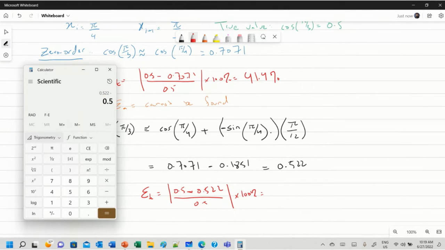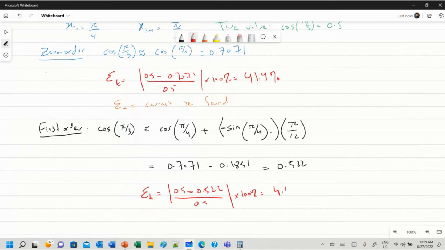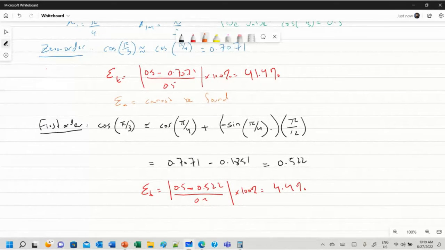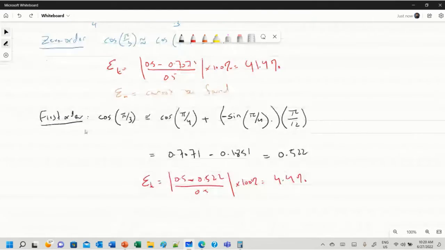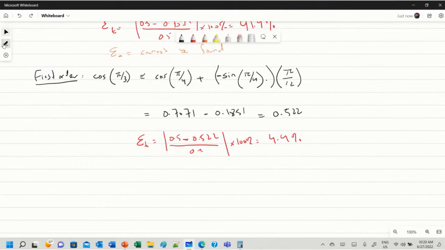That's 4.4. And now we can find the approximate error because we have a previous value for the approximate value.